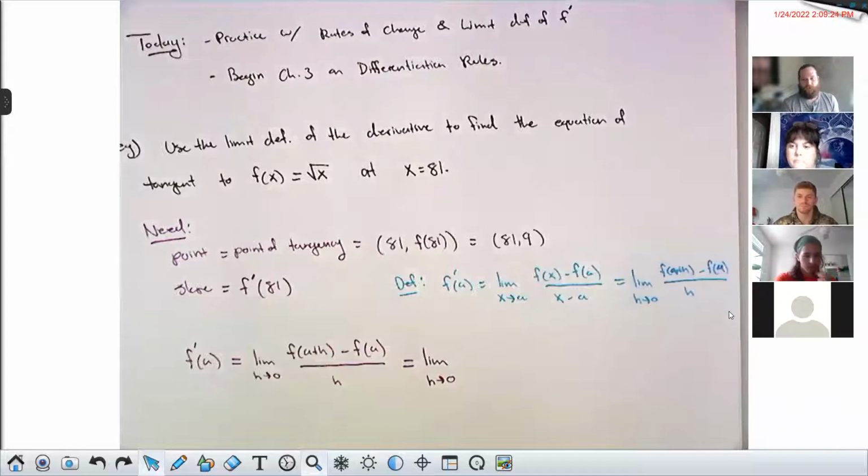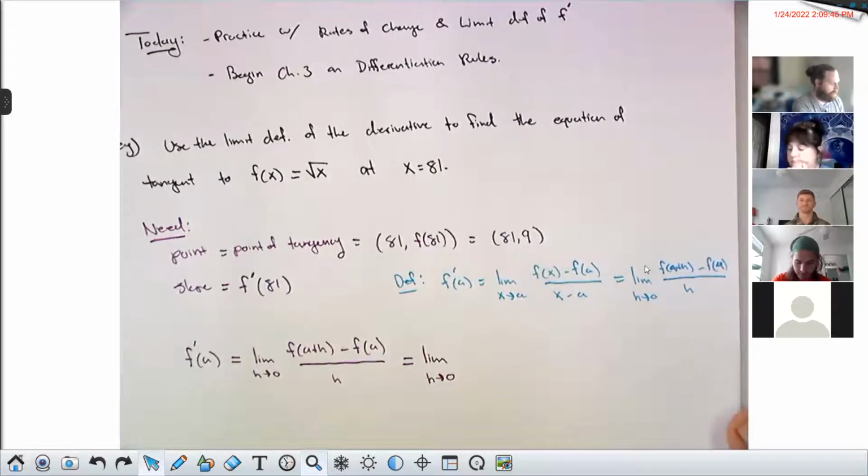I don't know why. But no, literally interchangeable. As long as you're comfortable with the algebra in both, they're completely interchangeable. Here you'll have an a plus h trapped inside your function, and you don't have that here. So some people find the algebra easier to work with here. That's why your book uses this one first, but they are literally equivalent. Thank you. Yeah, of course.